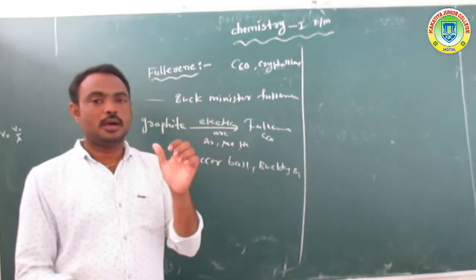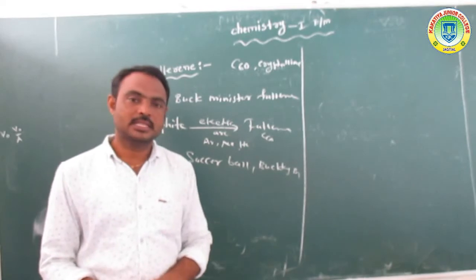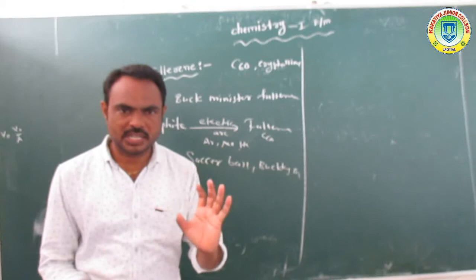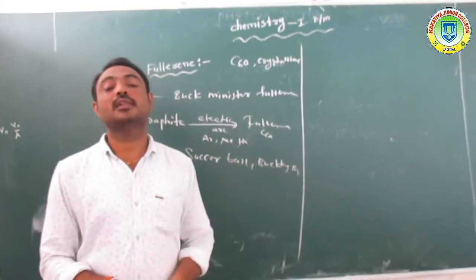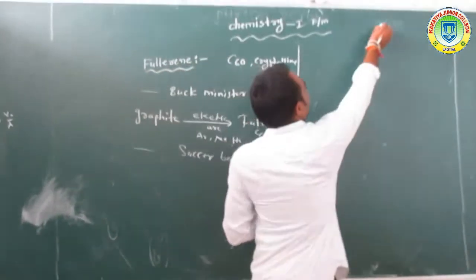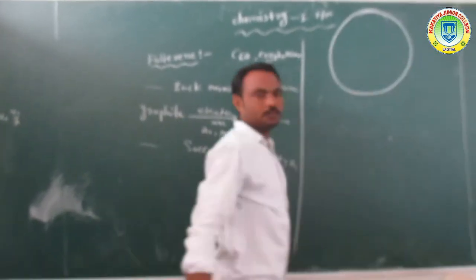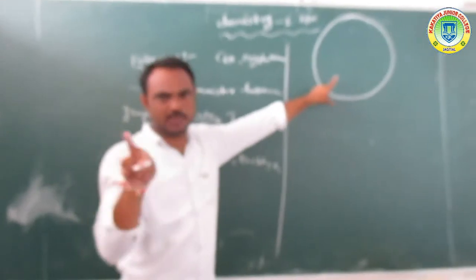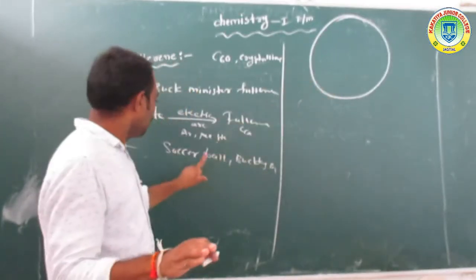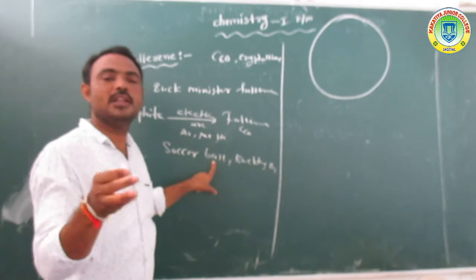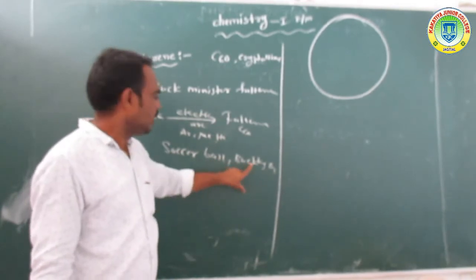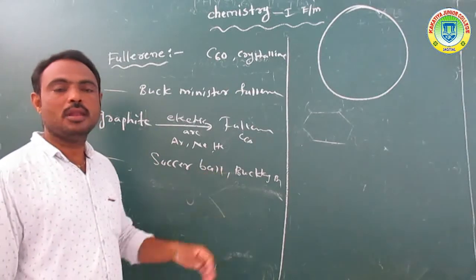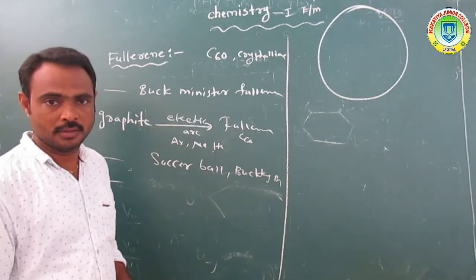So fullerene contains which structure? Soccer ball, just like a football. Overall, which shape? Ball shape. So it has a soccer ball or buckyball structure.